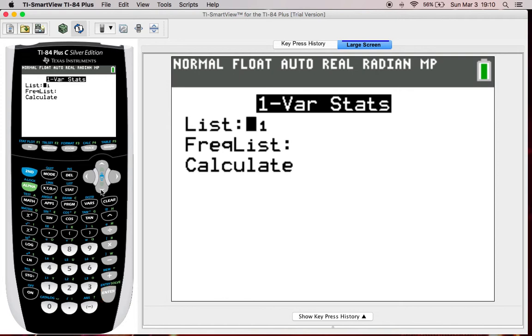We're going to arrow down, and now we're going to use the FreqList. The FreqList is the frequencies or the probabilities of our X values. Here I'm going to put list 2, because that is where I put the probabilities for each of those ages. And finally I'm going to come down and hit Calculate.